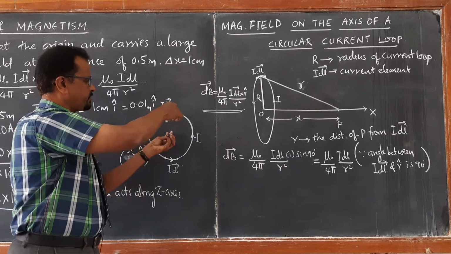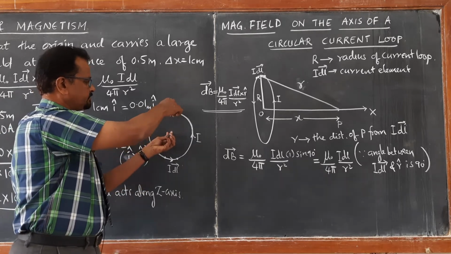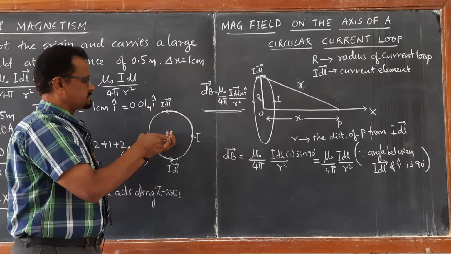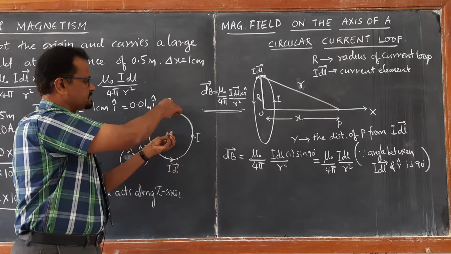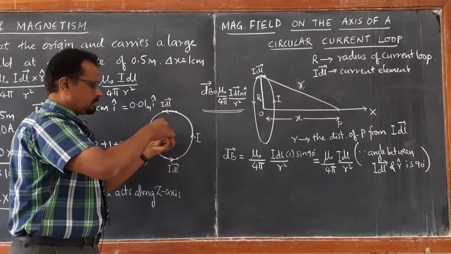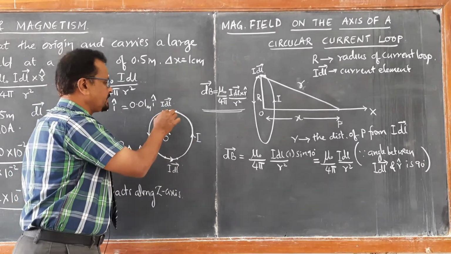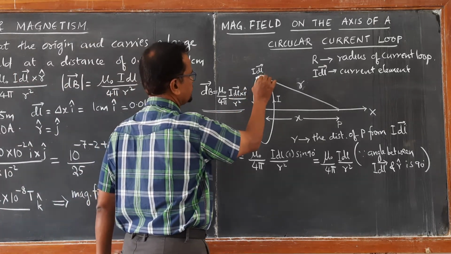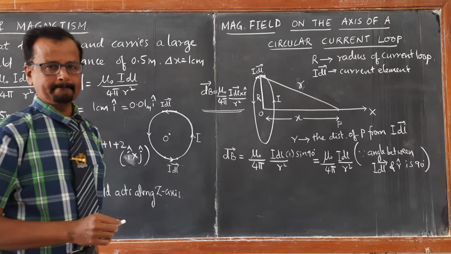If you join this line from here to this point on the axis, it definitely makes 90 degrees with this distance vector, right?